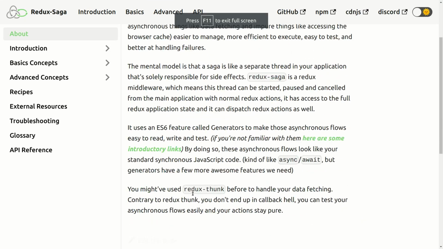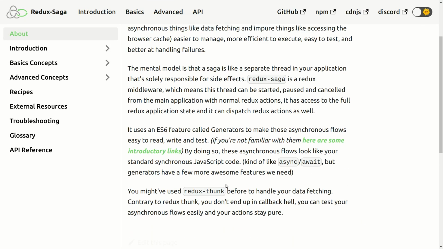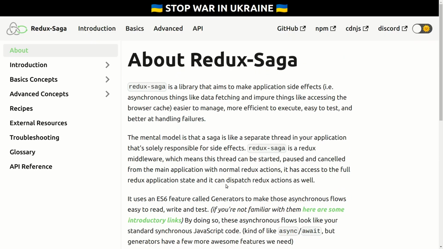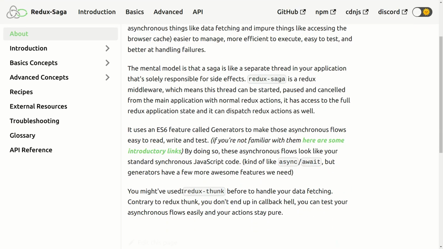Here we are also going to understand something different. Earlier, we also had another library called Redux Thunk, which we can use to fetch data.